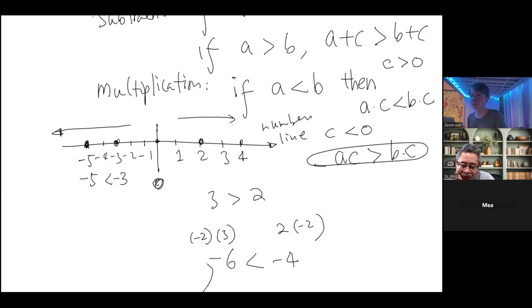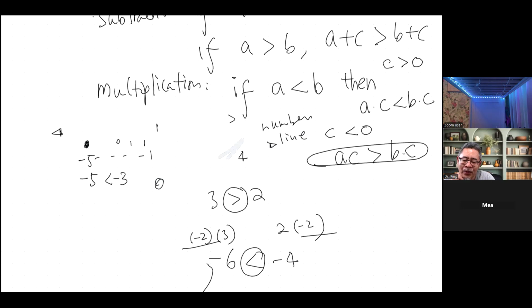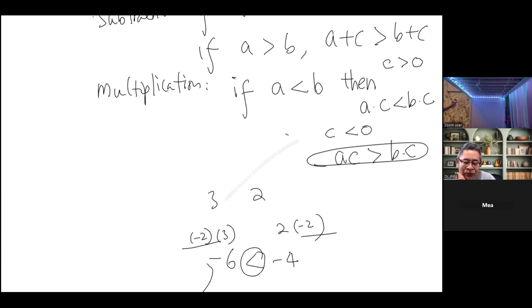So you can see the greater than became a less than, just because we multiplied by negative 2, so we had to flip it. That's something special about inequality. With an equation, it doesn't matter, positive or negative doesn't change the equation. But when we're dealing with inequality, we have to do that.